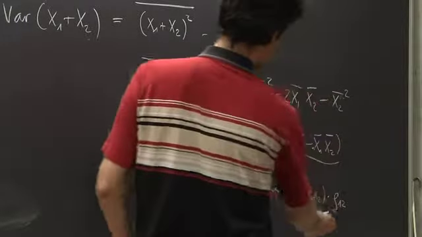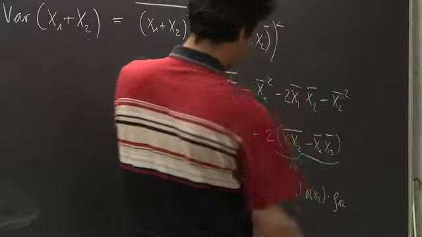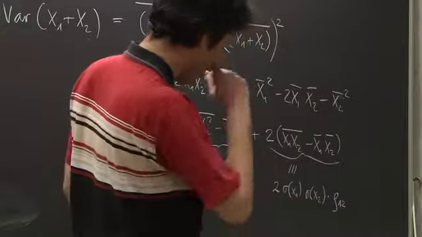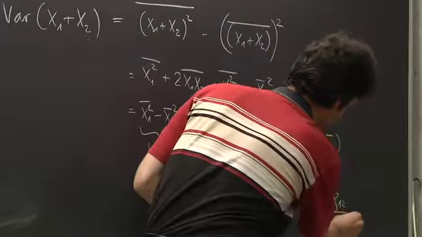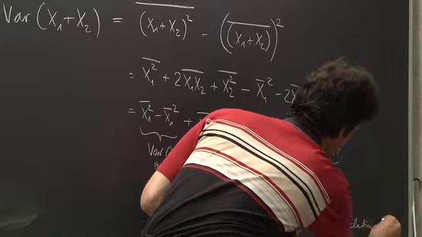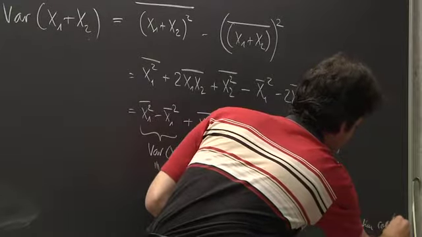So rho 1,2 is just this thing divided by the standard deviations of x1 and x2. And this rho 1,2 is called a correlation coefficient.